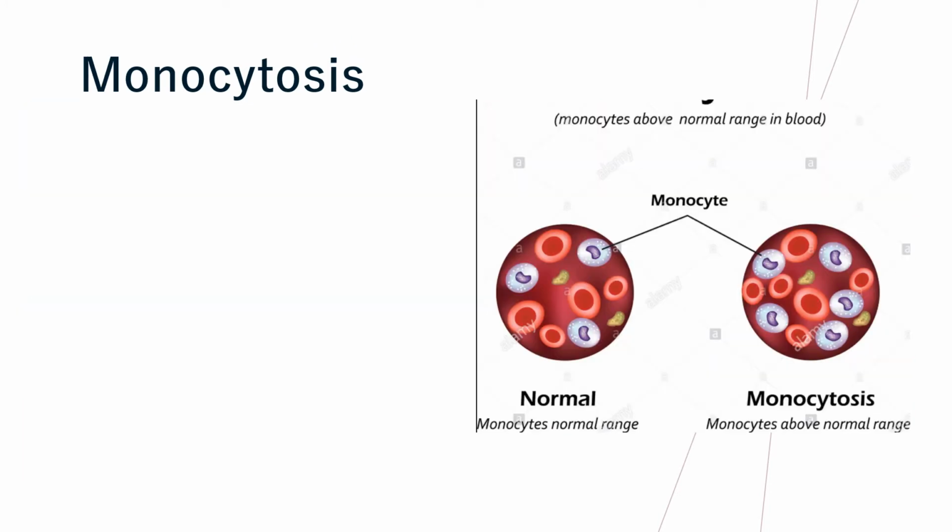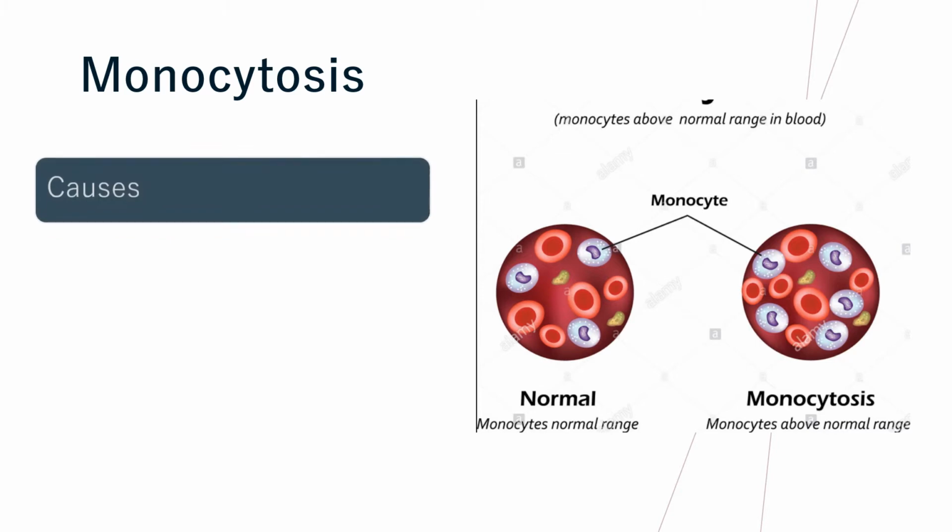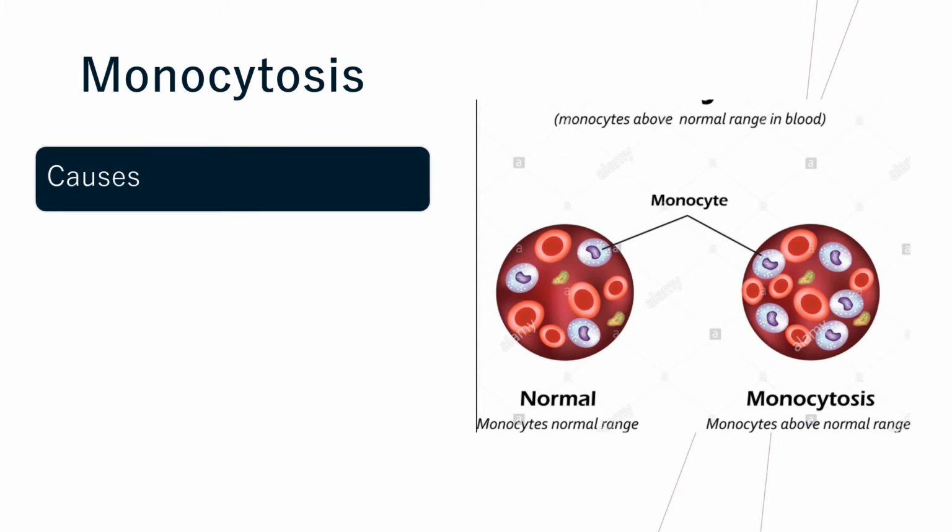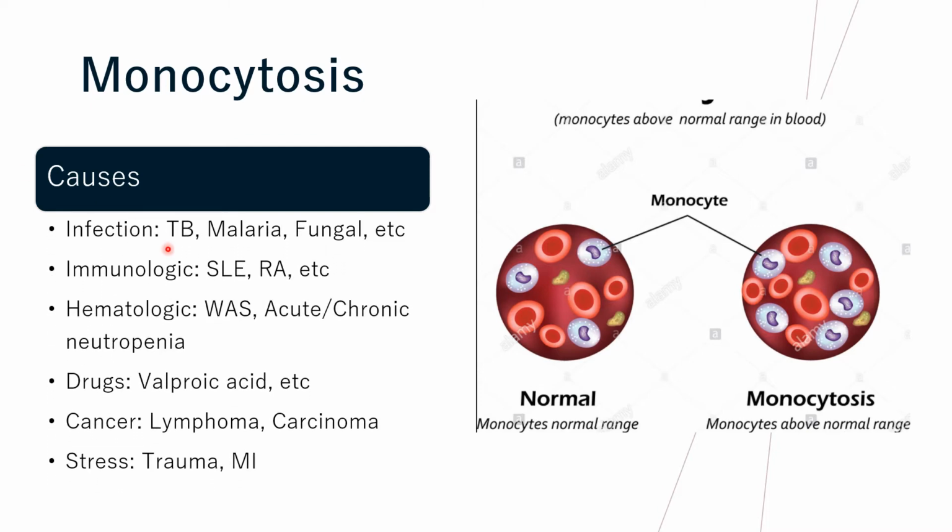As mentioned earlier, monocytosis is associated with a wide range of non-malignant conditions because of their participation in, for example, acute and chronic infections like tuberculosis and malaria. Other immunologic conditions may also cause an increase in monocyte count, like systemic lupus erythematosus and rheumatoid arthritis.